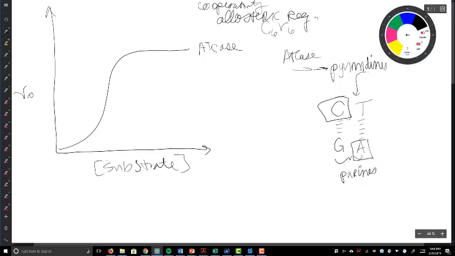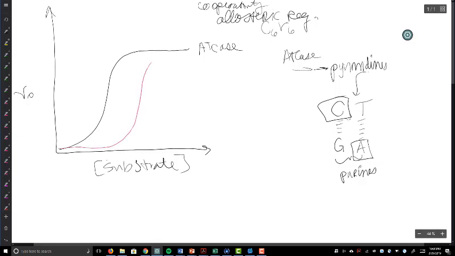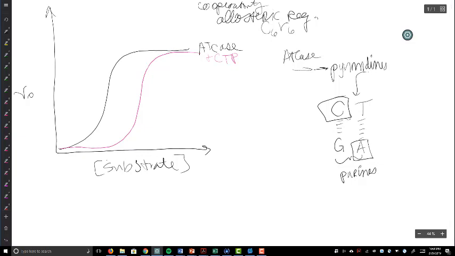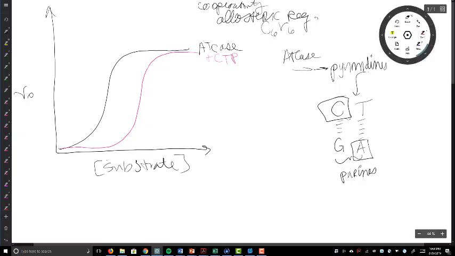And we remember from lecture that this works by increasing the Km for the substrate. So the new curve for ATCase in the presence of an excess of CTP is shifted to the right. Now, let's say we have a high amount of purines available.